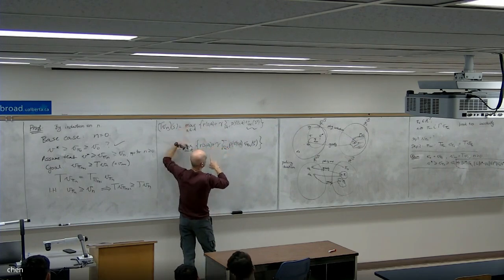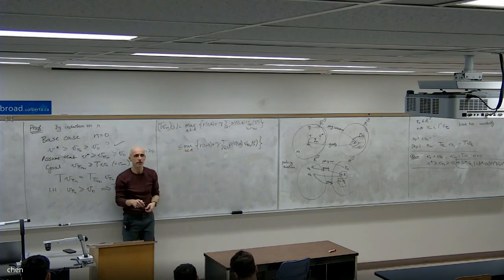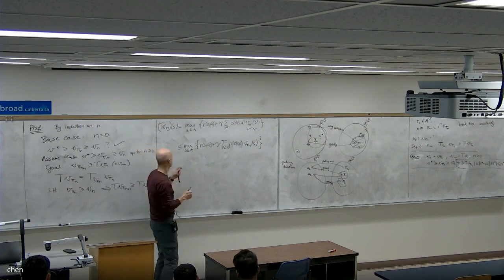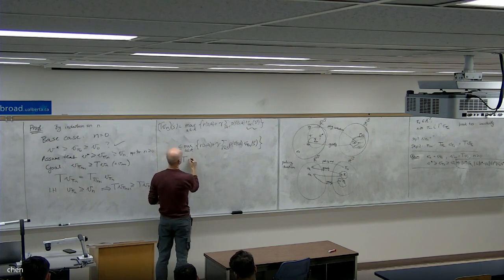And the maximum is also monotone. If each number in the second set is at least as large as the numbers in the first set, the maximum of the second set is going to be larger than the maximum of the first set. And the right-hand side is T applied to v pi n at s.